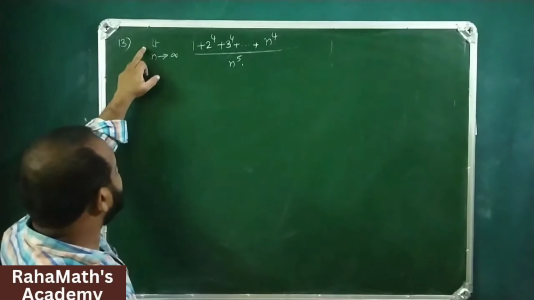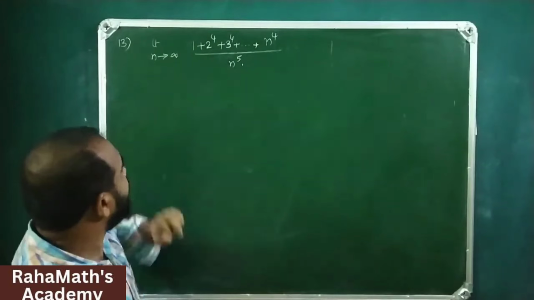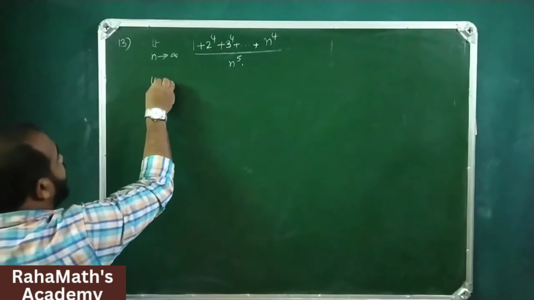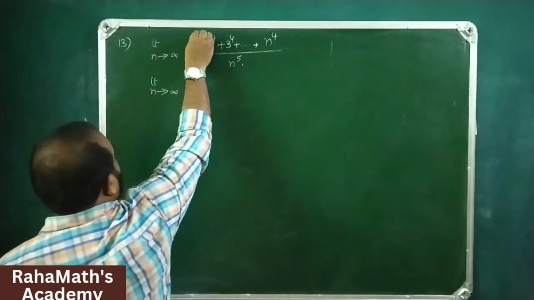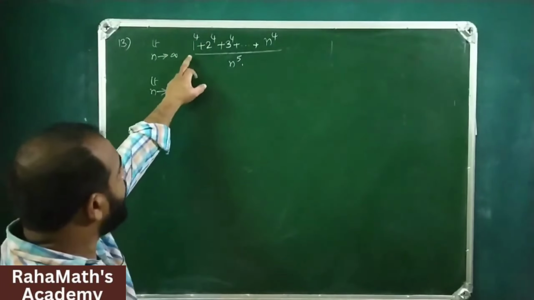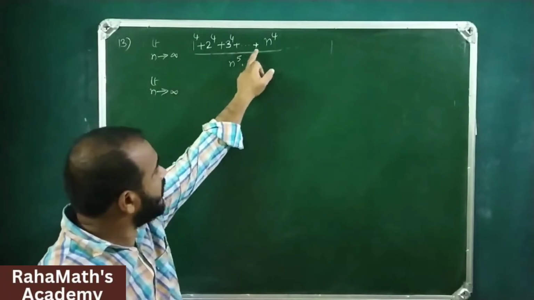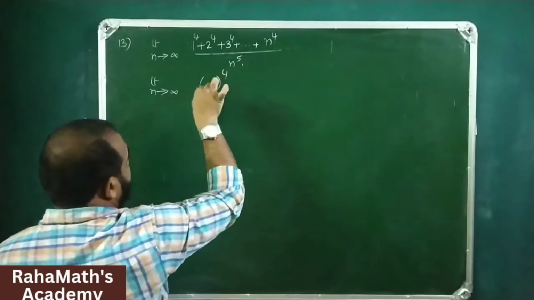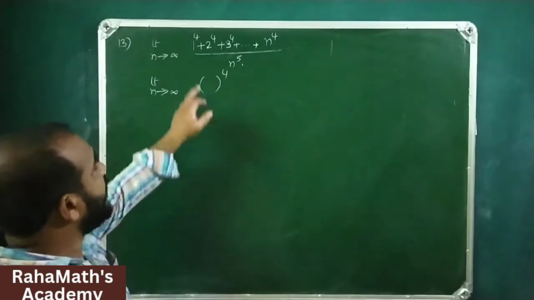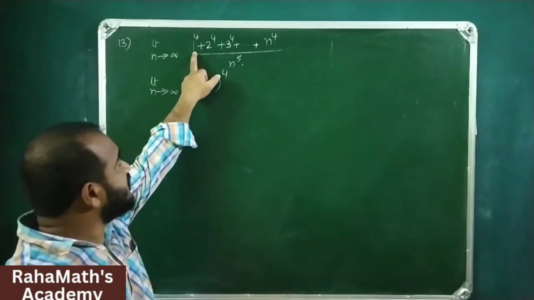So the next question is limit n tends to infinity. This is given. This is 1 power 4 also we can write. So 1 power 4, 2 power 4, 3 power 4, etc., n power 4. So power 4 is same everywhere, but here this term is getting varied.